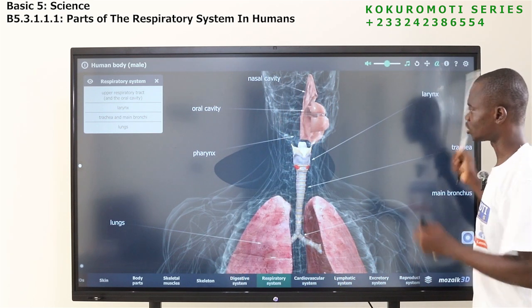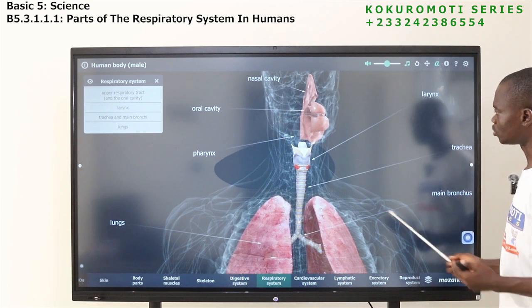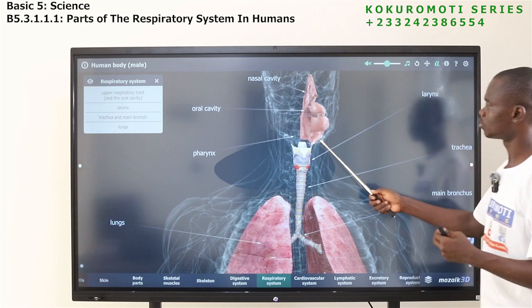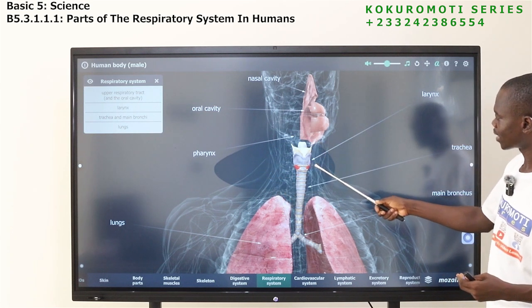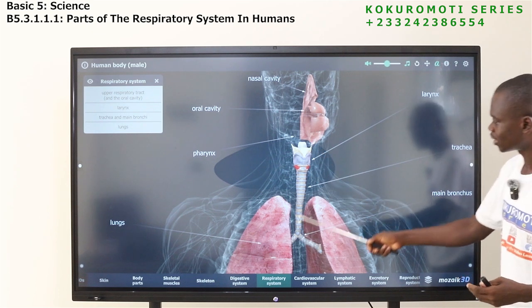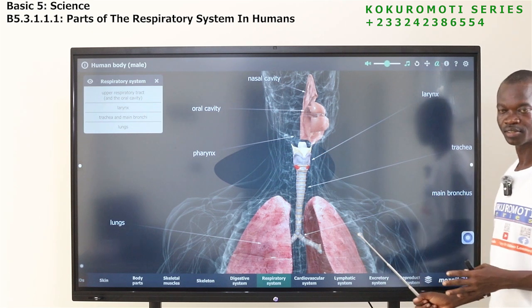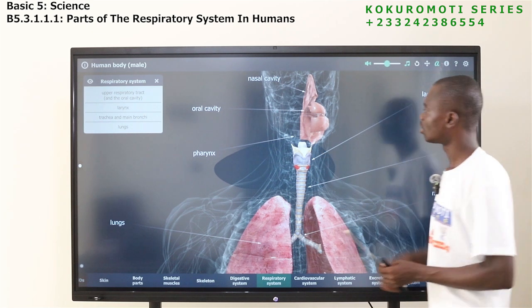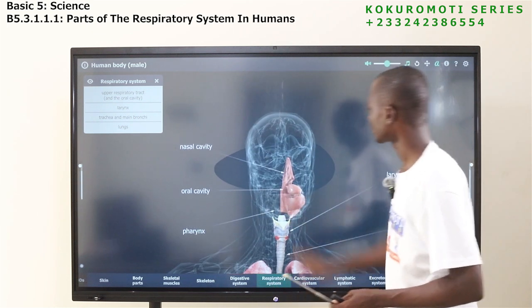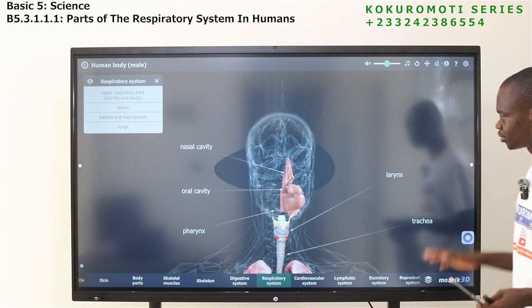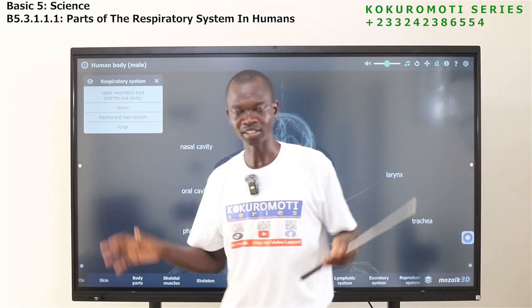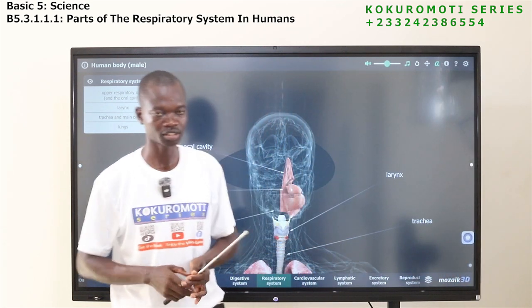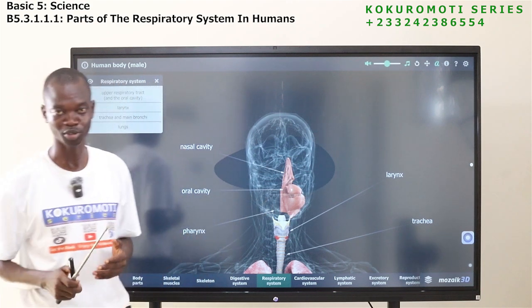We have the throat here, which carries the air from this side to this side, and then it comes to the lungs. So these are the parts of the respiratory system. I hope if you are asked to give the functions, you'll be able to give them. If you are asked to draw, you'll be able to draw.